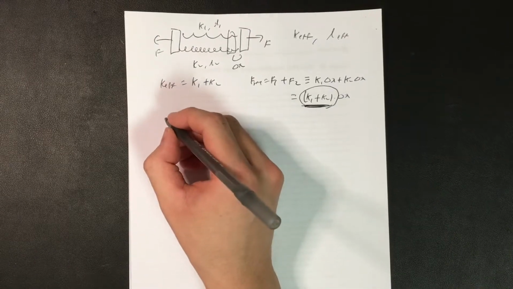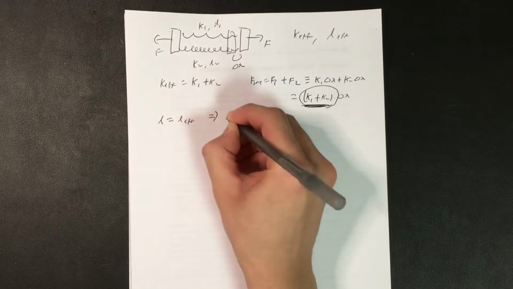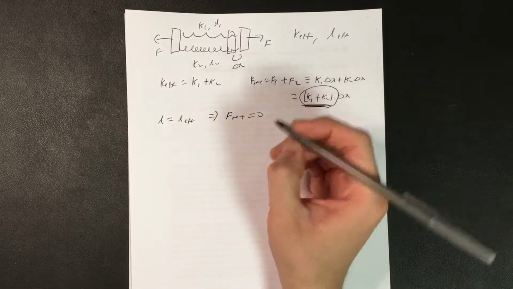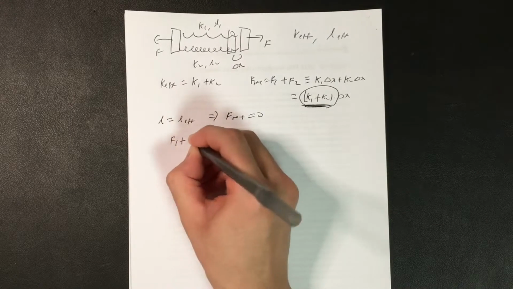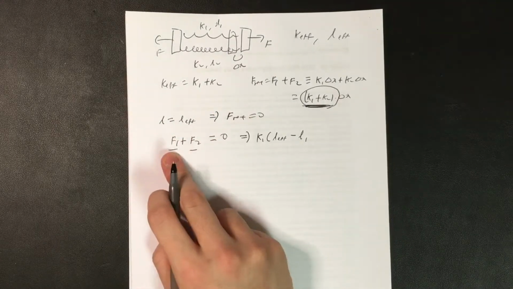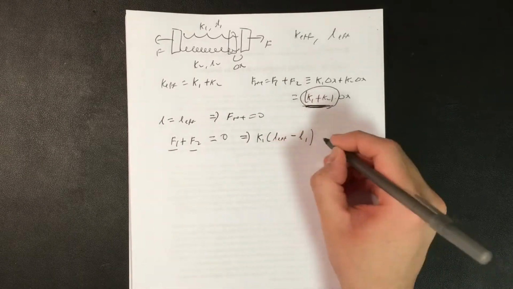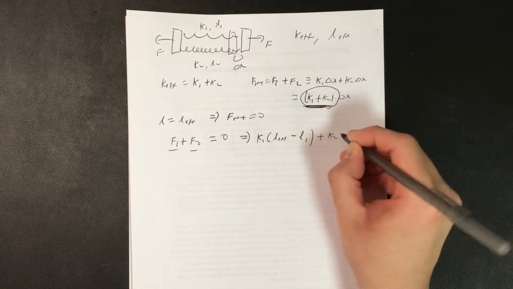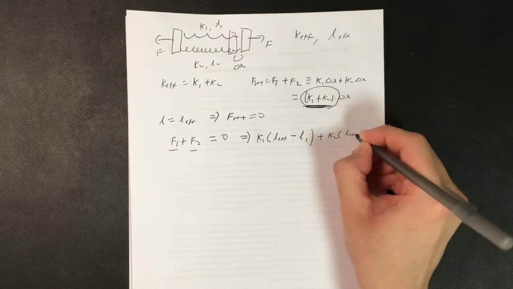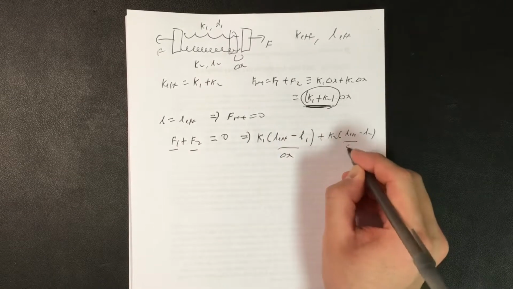Solving for the effective equilibrium position, when L equals L effective, the net force must equal 0. Therefore, the force from the first spring and the force from the second spring should add up to 0. Now, F1 equals K1 times L effective minus L1, and F2 equals K2 times L effective minus L2, because this corresponds to the delta x in Hooke's law.